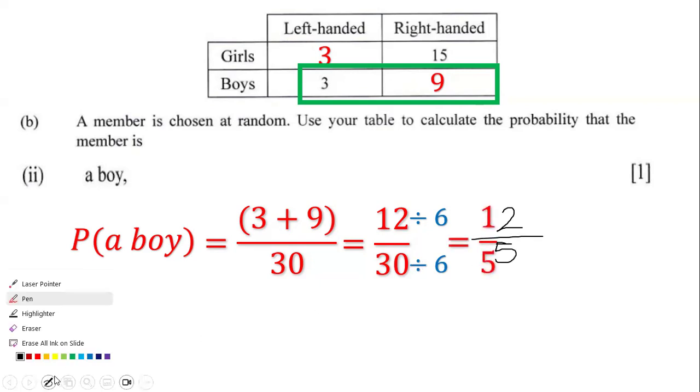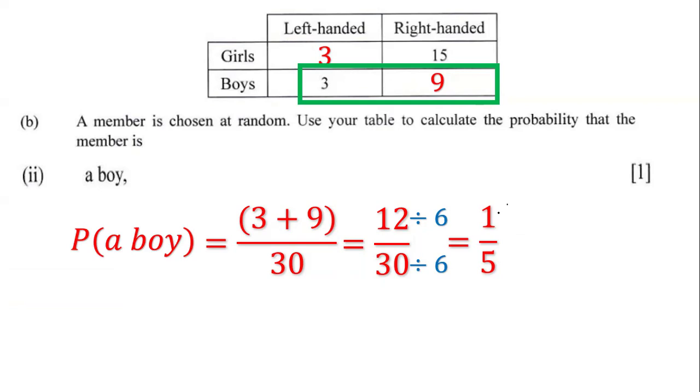So let me make the correction. It's going to be 2 over 5. So the probability that it's a boy is going to be 12 over 30 or 2 over 5, because 12 divided by 6 is 2 and 30 divided by 6 is 5.